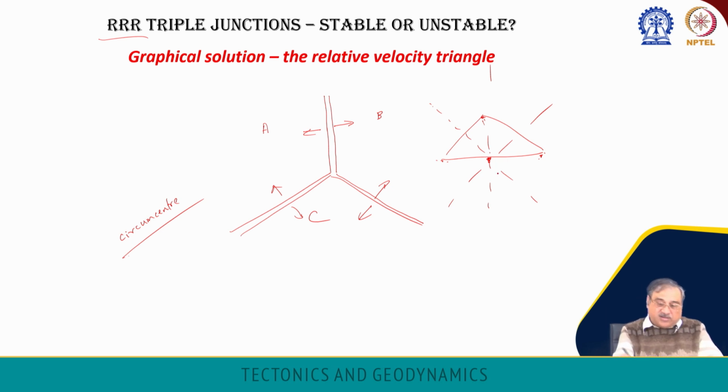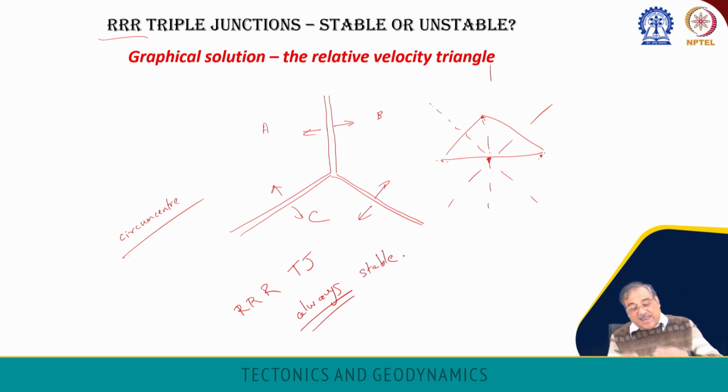So this is not the actual depiction of the relationship here. But anyway, what I'm trying to tell you is that this is the sort of configuration that we would expect to see. So therefore, you can see that this would be a situation with ridge triple junctions, and these are always stable.